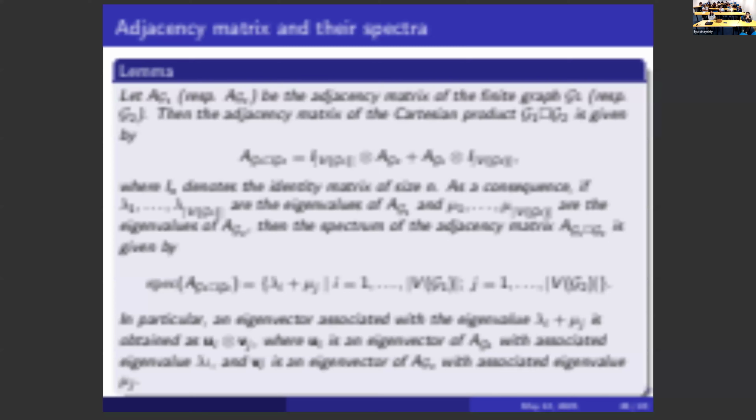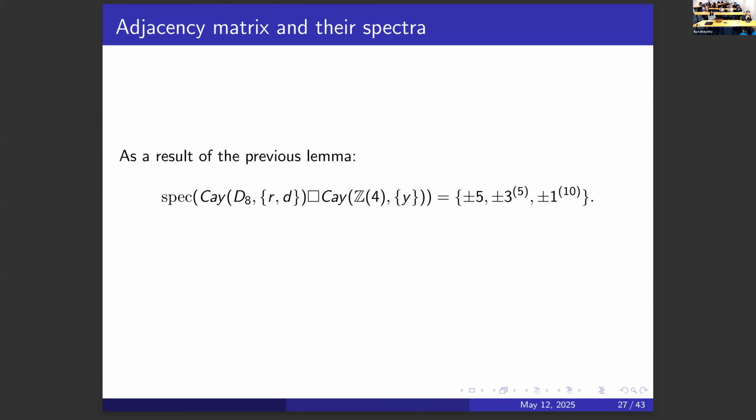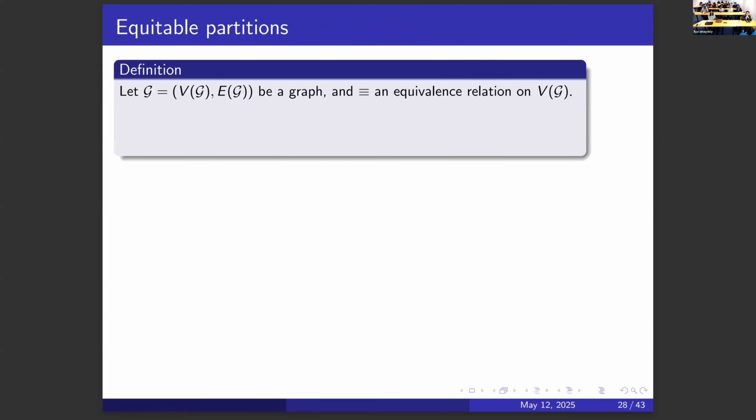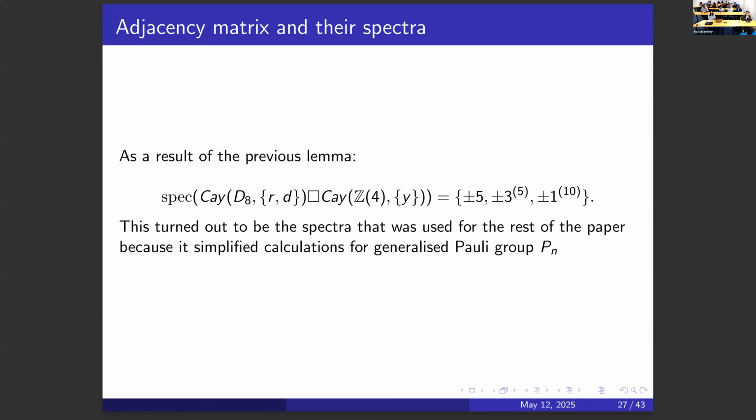I have to rush through this now. As a result of the previous lemma, we're able to calculate the spectra of D8 as the direct product of K2 and the Cayley graph of Z4, just by adding the spectra together. That's the way you get 5, because you can add a 2 plus a 3, and a -2 and a -3 that we get from the previous spectra. And this is the spectra that was used for the calculations in the rest of this paper.